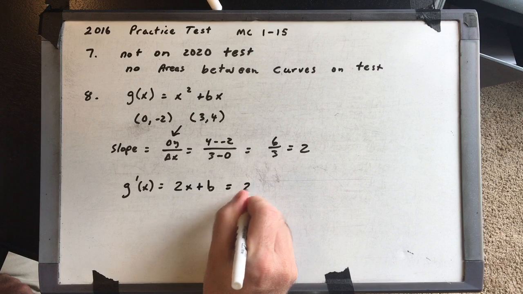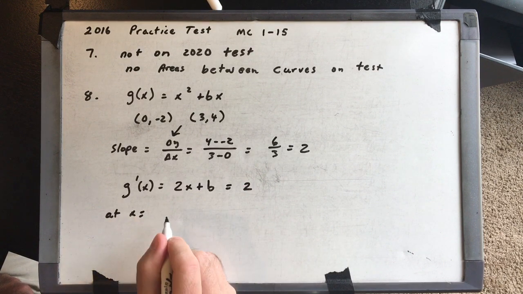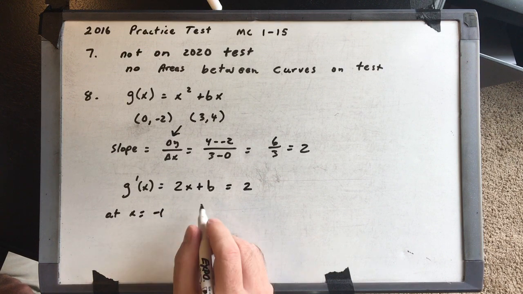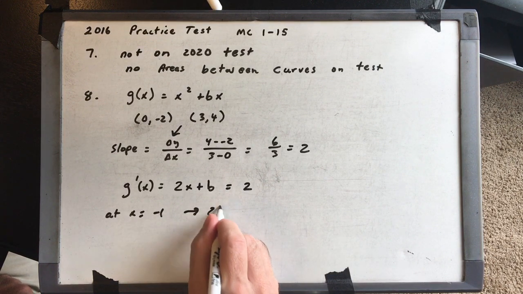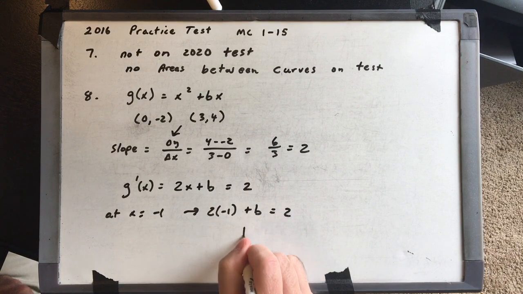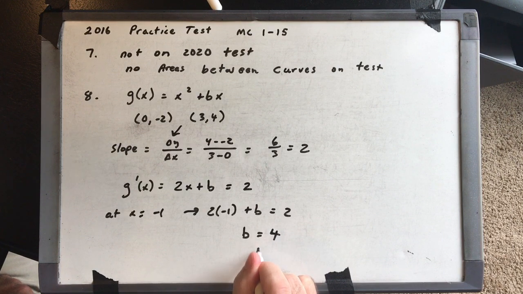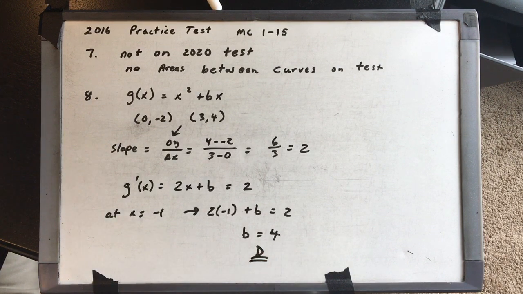That has to equal 2. So at x equals -1, we would have 2 times -1 plus b is equal to 2. So b is equal to 4, which is option D. Could have something like that. Absolutely. It might be written in a free response format. It would be part A, B, C, or D of something, but I think it's worth doing.